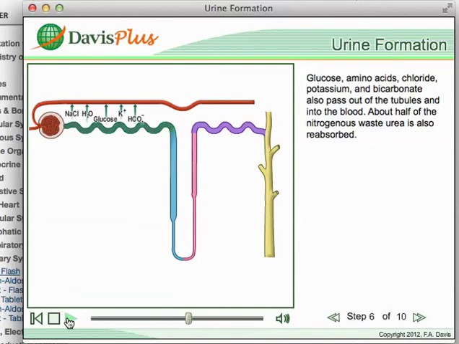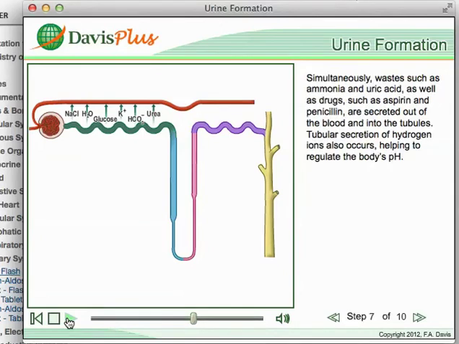About half of the nitrogenous waste, urea, is also reabsorbed. Simultaneously, wastes such as ammonia and uric acid, as well as drugs such as aspirin and penicillin, are secreted out of the blood and into the tubules. Tubular secretion of hydrogen ions also occurs, helping to regulate the body's pH.